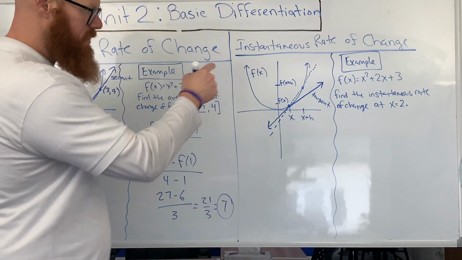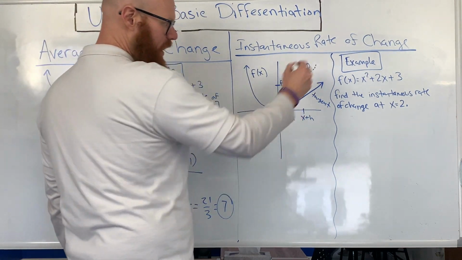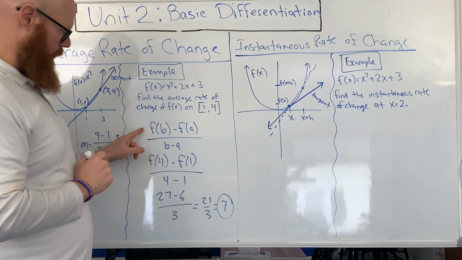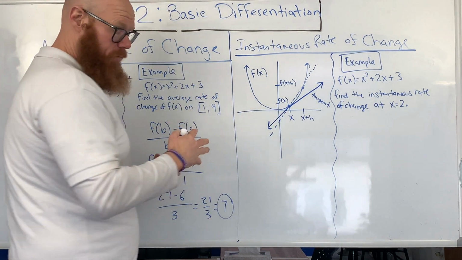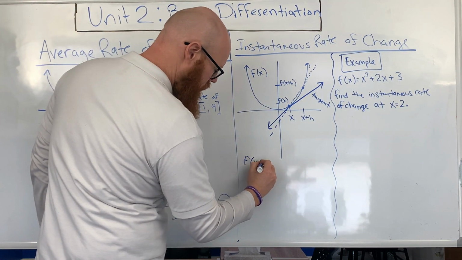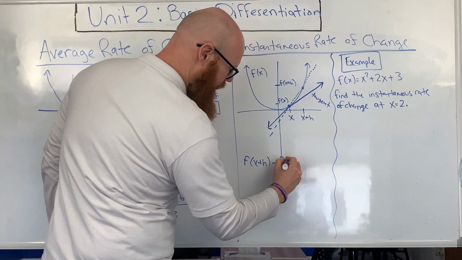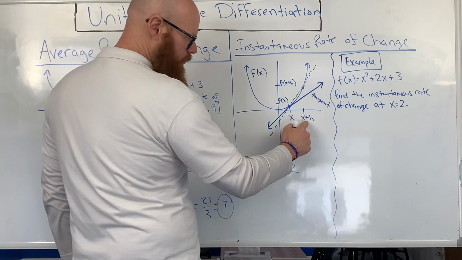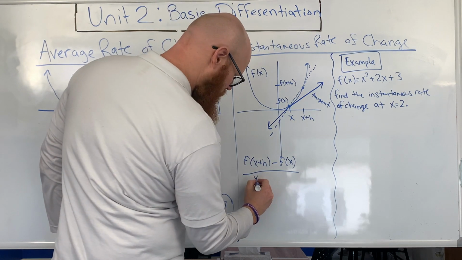So if I want to find the slope of this dashed line, which is the secant line, that is back to our regular slope formula, that is f of x plus h minus f of x over x plus h minus x.